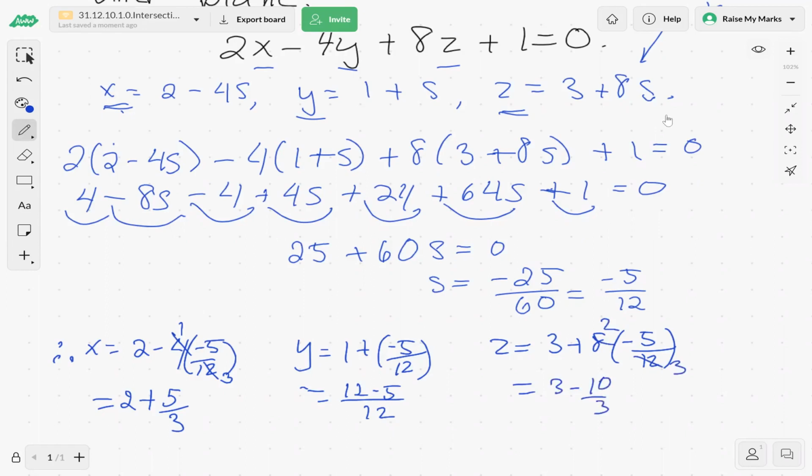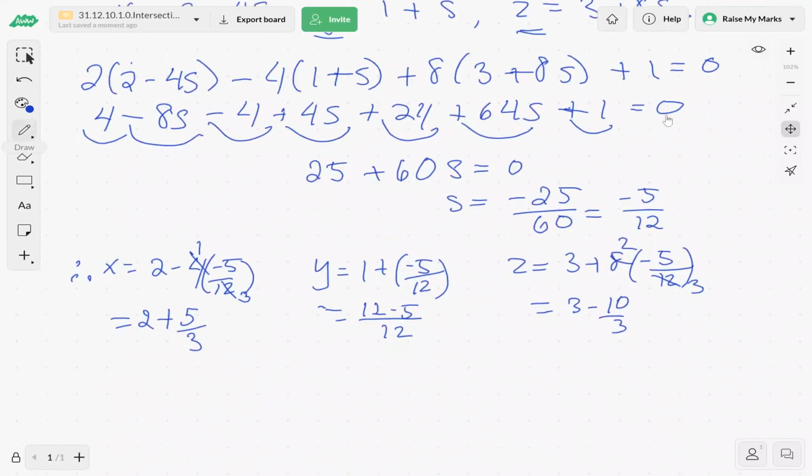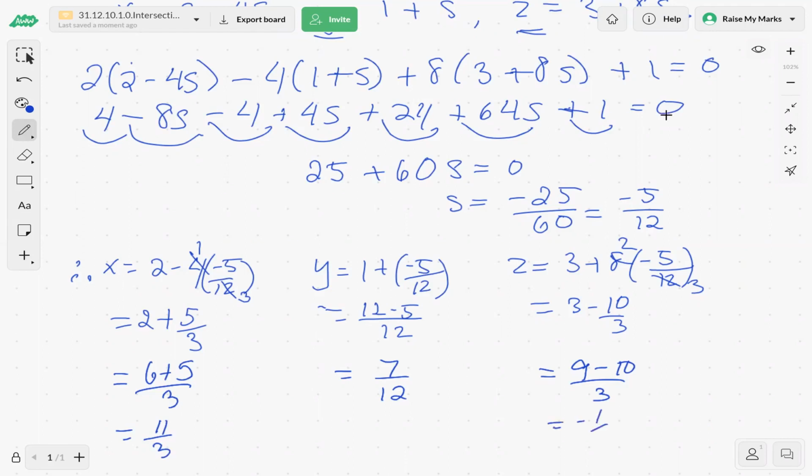Let's keep simplifying, putting everything over a common denominator. So x is 11 over 3, y is 7 over 12, and z is negative 1 over 3.